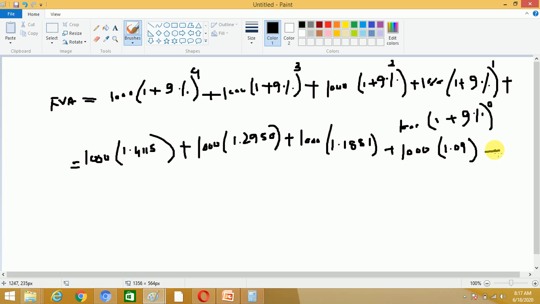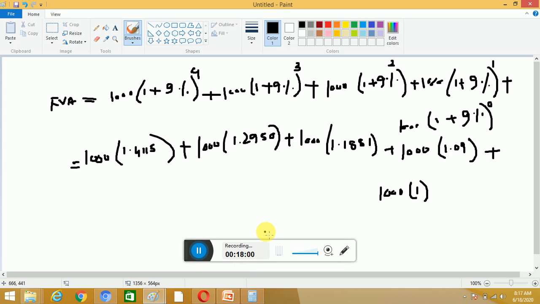The last one plus 1000, 1 plus 9% power 0. Anything whose power is 0 is equal to 1. So we will get this, and then what do we do?